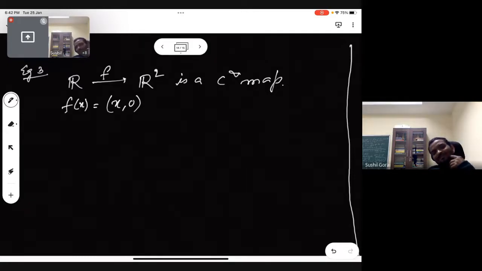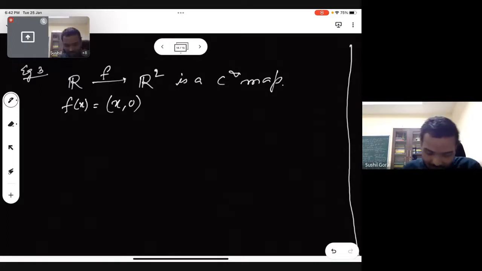Is this fine? Of course, you know this from calculus, but is it fine from the point of view of our manifold setting? You take chart maps, both sides identity, so there is nothing. It's already seen to be a smooth map because you already know it from calculus.